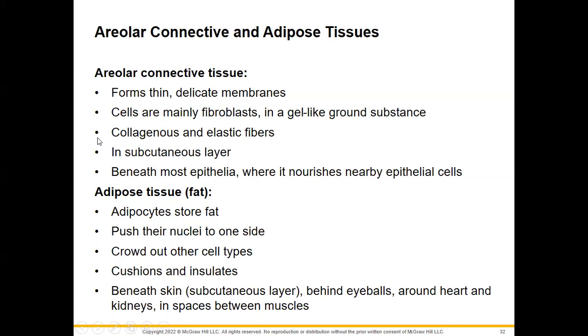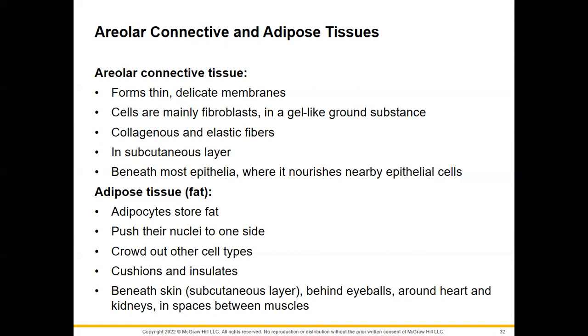This is going to be collagenous, so lots of collagen associated with areolar connective tissue, and lots of elastic fibers also associated with areolar connective tissue. This is going to be found a lot in your subcutaneous layer. Sub meaning below, cutaneous referring to skin.